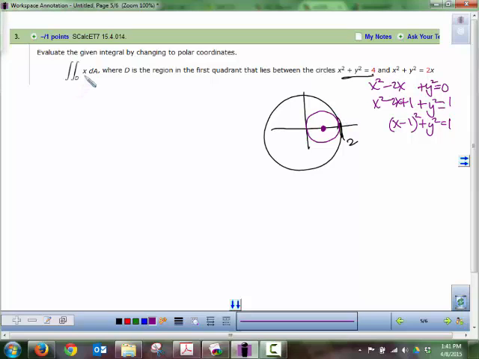So D is the region in the first quadrant, so we cut this in the first quadrant and ignore everything else that lies between these two circles. So I'm thinking that it's this bit right here. Right? Between those two circles.